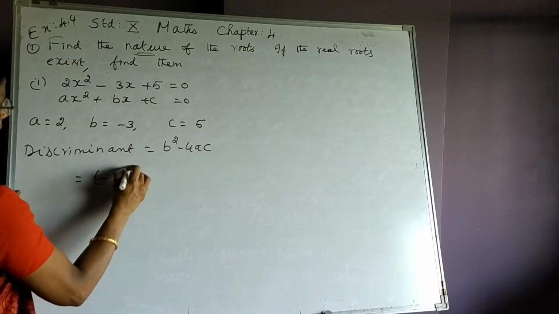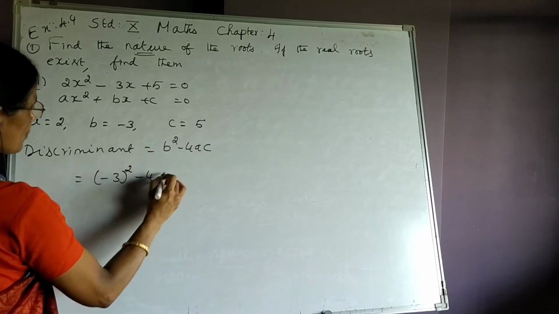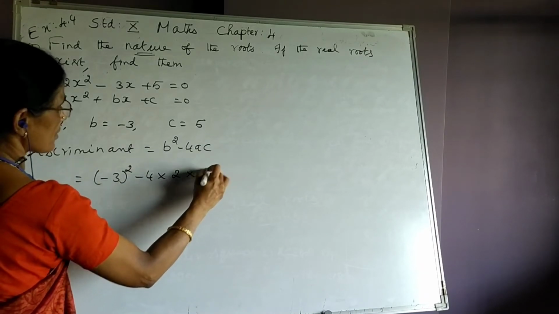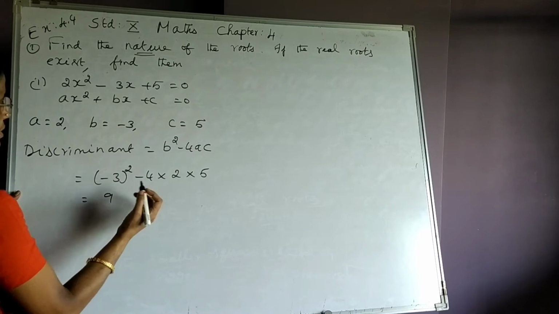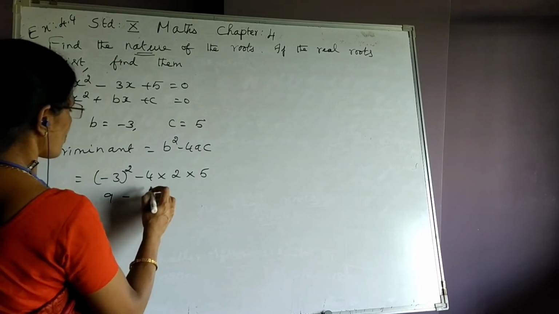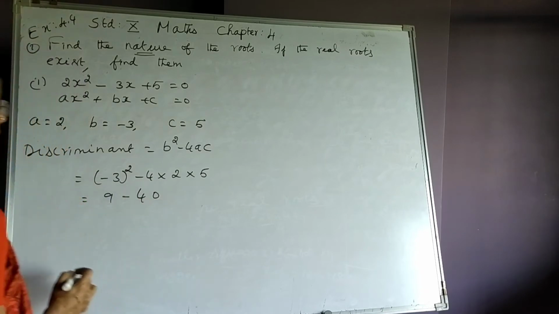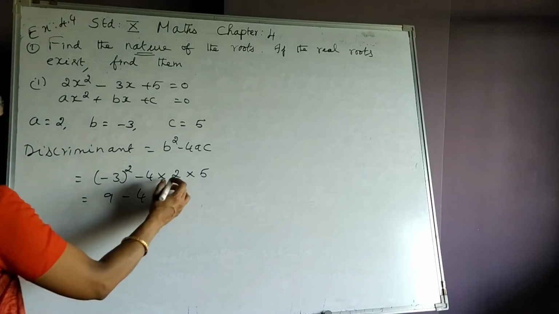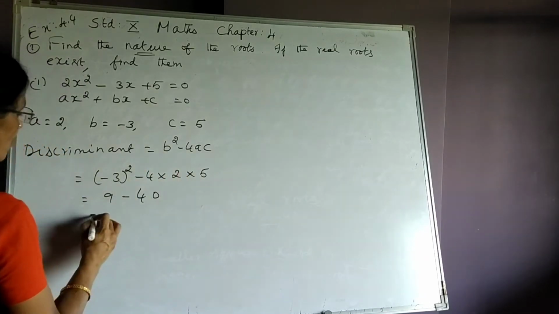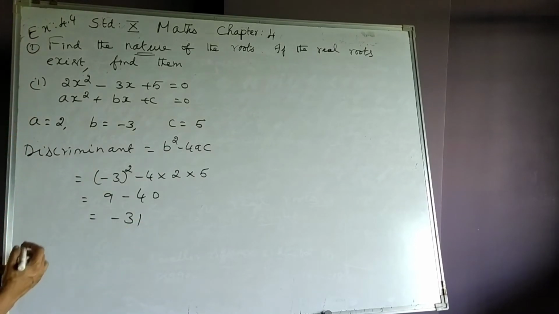The value of b is minus 3, a is 2 and c is 5. It becomes 9 minus 40, which is equal to minus 31.